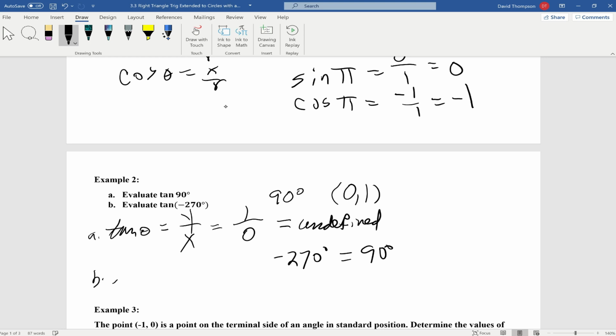So tangent of -270 degrees is going to be the same thing as tangent of 90 degrees, which is going to be 1 over 0, which we know is undefined. And we're done with example 2.